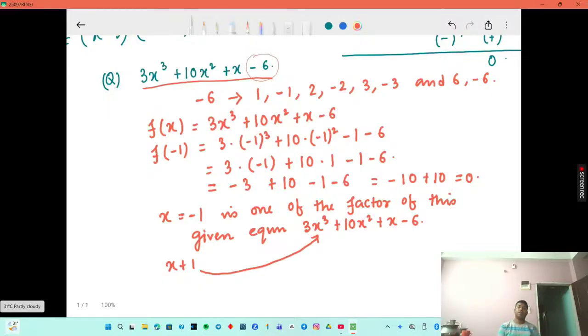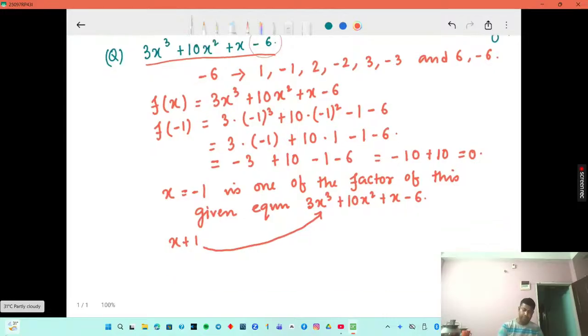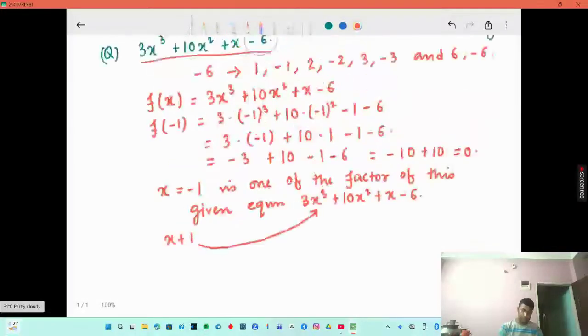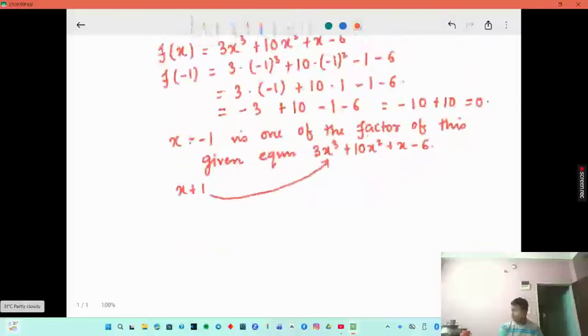But we have to find the other two factors. So how can we find the other two factors? To find the other two factors, we have to just divide this given equation by x plus 1. Now let us start to divide this equation by x plus 1 in order to find the two factors.